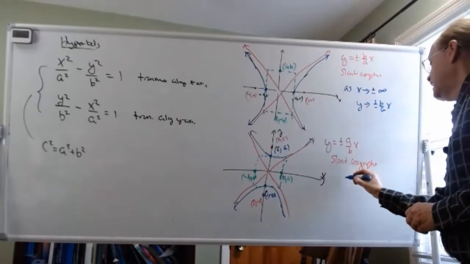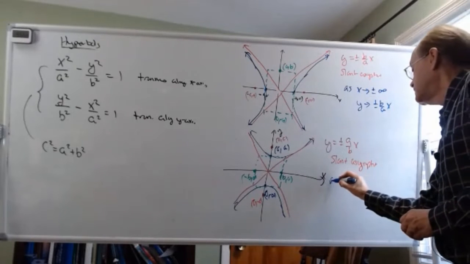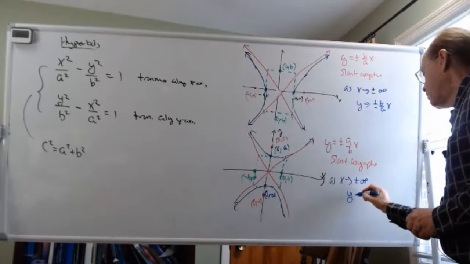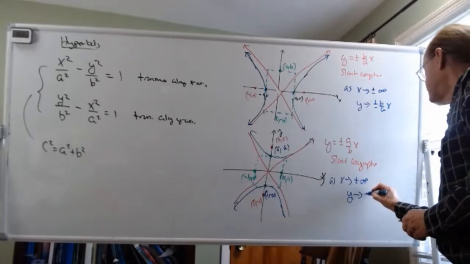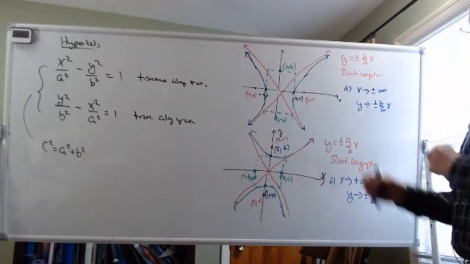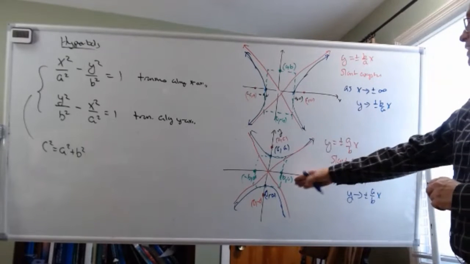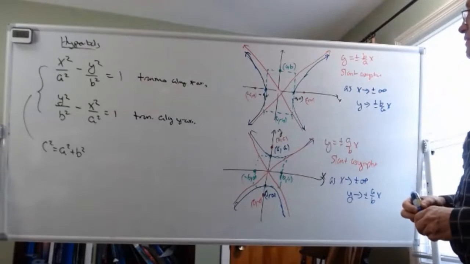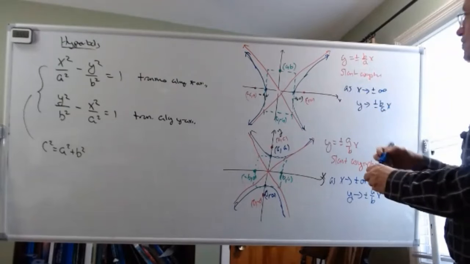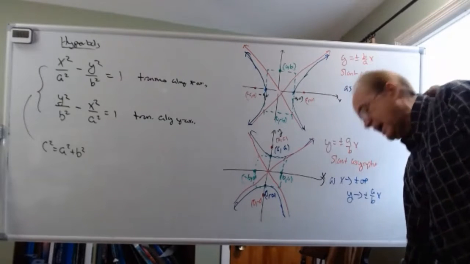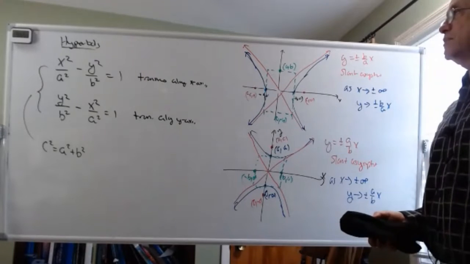Same thing over here, as x goes to plus or minus infinity, my y value goes towards plus or minus a over b times x. Just switches, because now my transverse axis is here as opposed to there. So the blue line is my graph. The green and the red are just additional features that we're analyzing on our hyperbola.